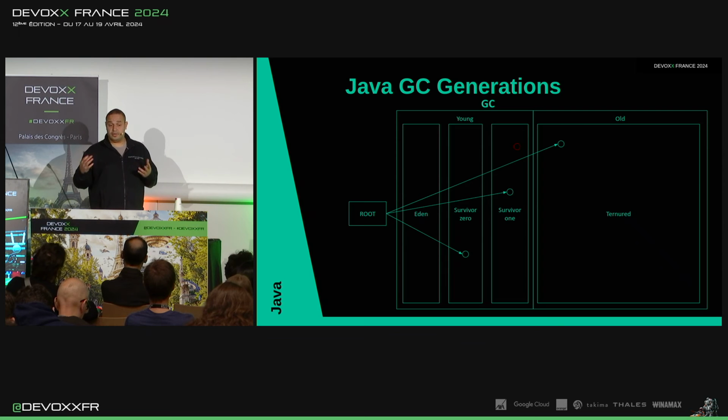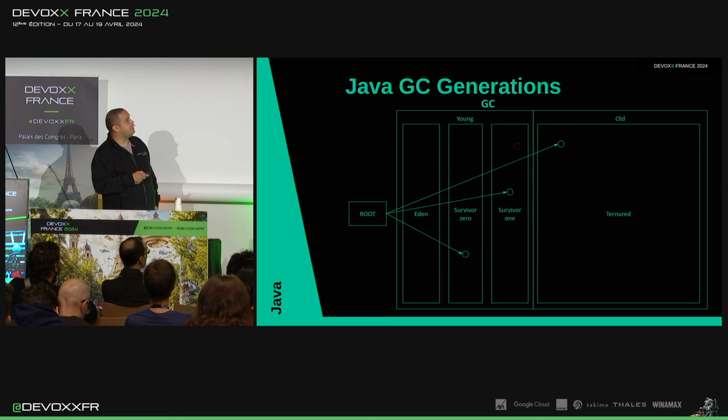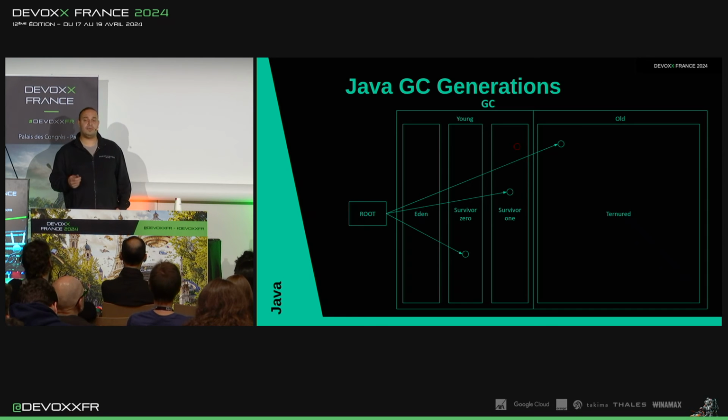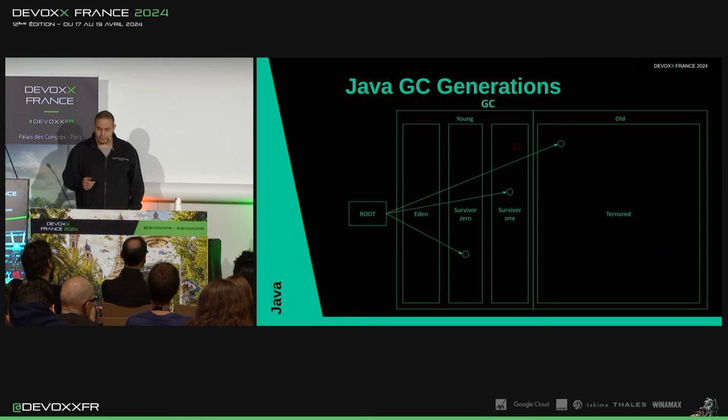And the tenured section is going to store objects that are longer-living. The whole point of this is that the garbage collector checks the young generation very often, and the old generation is going to be checked less often. That way, it's a huge performance improvement in garbage collection.